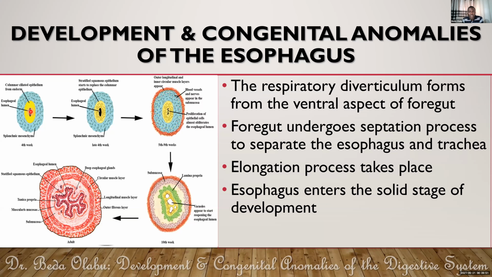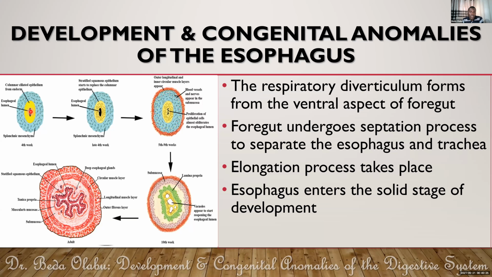When we talked about those phases of development, the embryonic stage, then the pseudoglandular stage, then the canalicular stage, why are we talking about the canalicular stage? Because in the pseudoglandular stage, those branching airways are solid structures. Their lumens are obliterated. That's why the respiratory system must undergo the canalicular stage of development before we go to the terminal sac and alveolar stage.